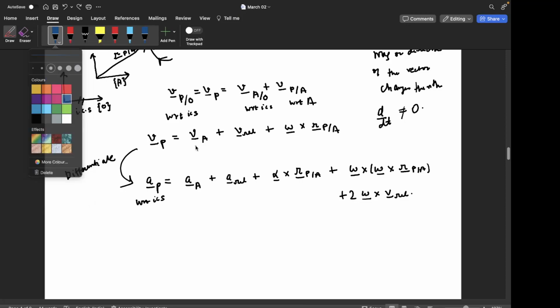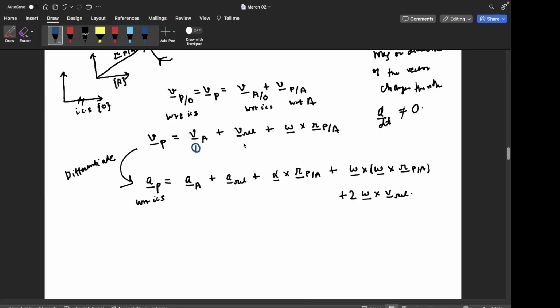Let me give them indices. This is 1, this is 2, and this is 3. Okay, so this is differentiation of 1. I will discuss how they come. This is differentiation of 2. This will come in differentiation of 3. This will also come in differentiation of 3. And this will come both in differentiation of 2 and 3. That's why you see a coefficient of 2 there.